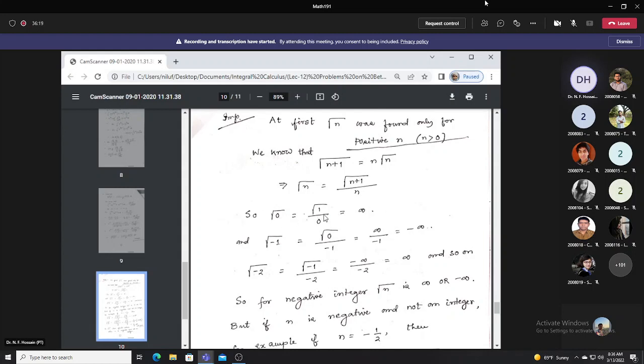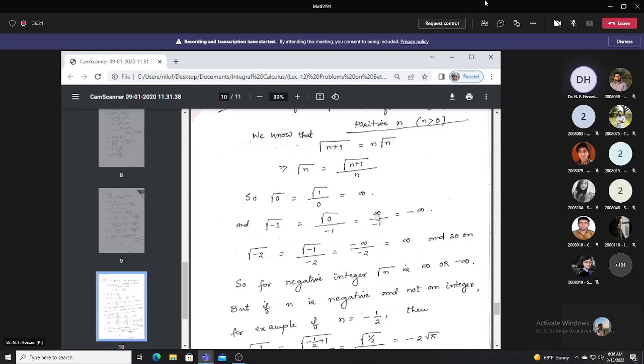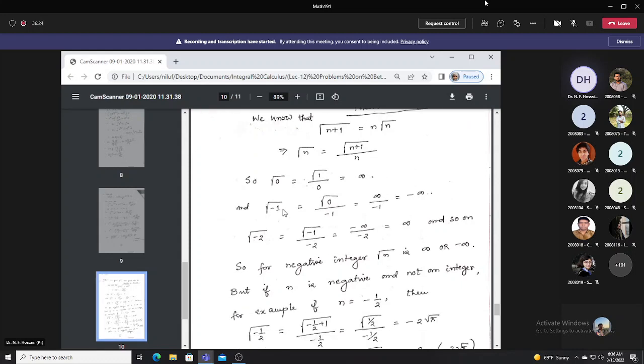Gamma 1 is 1, so 1 by 0 is infinity. And now gamma minus 1: you just put n equal to minus 1. In the upper part, you are getting gamma 0, minus 1 plus 1 is 0, divided by n, which is minus 1. Gamma 0 is infinity, but because of this minus sign, it should be minus infinity.